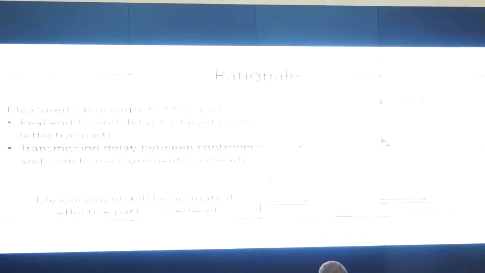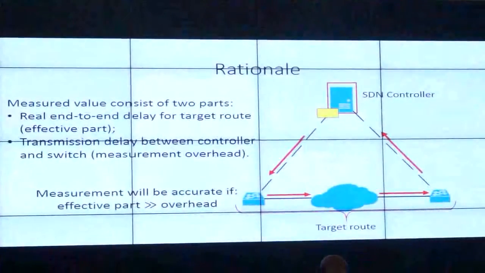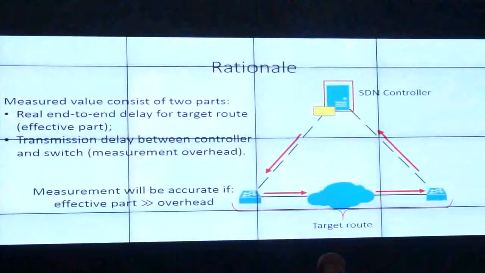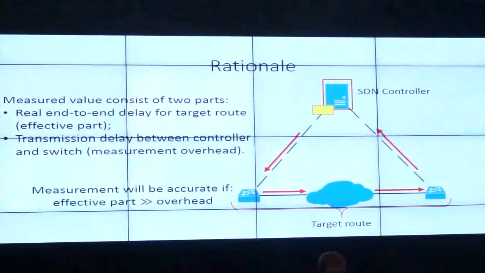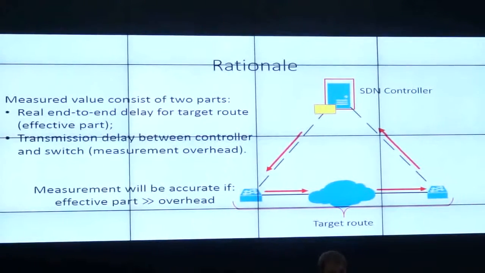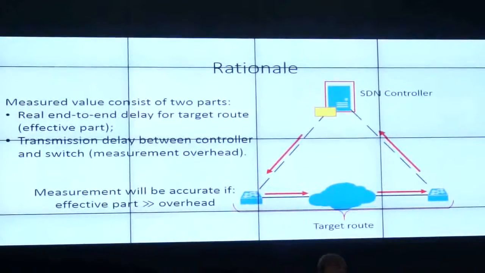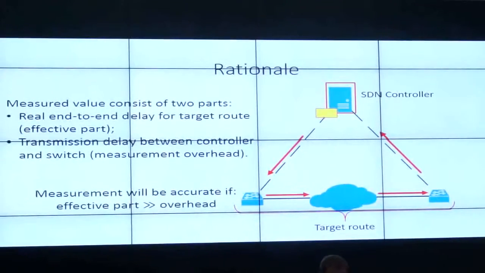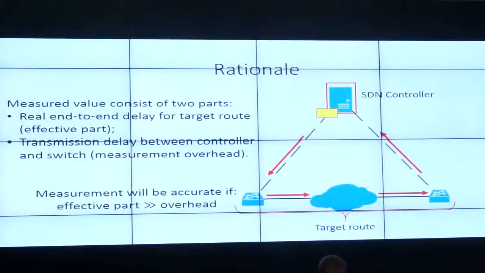After the packet runs through the target road, it is sent to the controller, where the delay is calculated. The measured value consists of two parts: the real end-to-end delay for the target road, which is the effective part of the measurement, and the transmission delay between controller and switch, which is the measurement overhead.